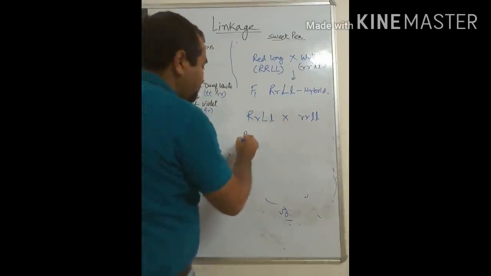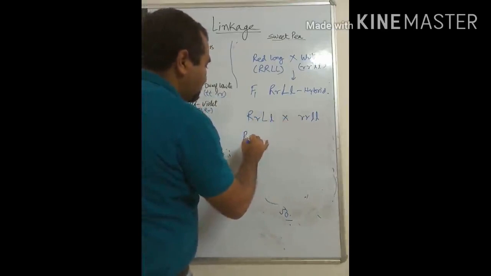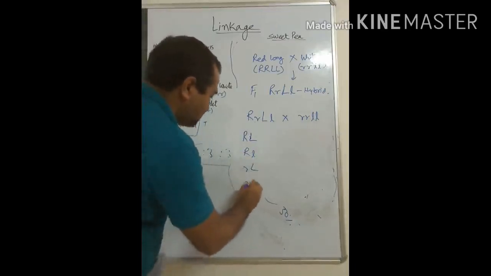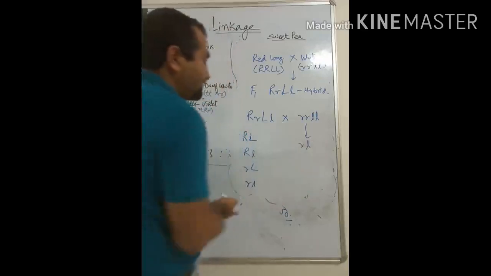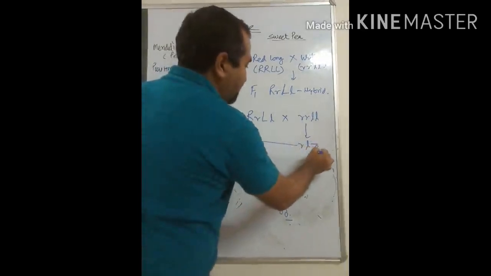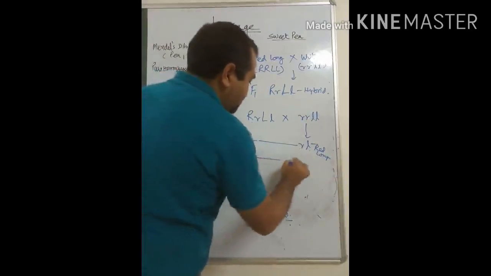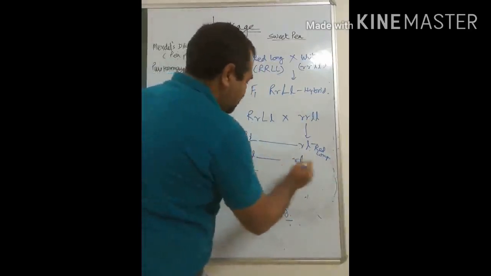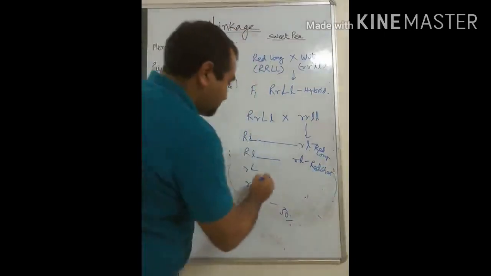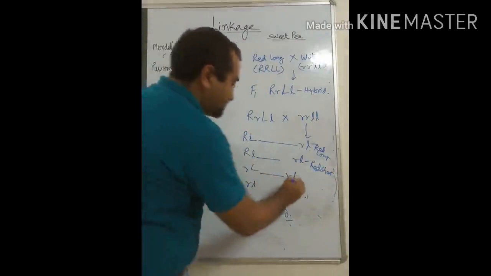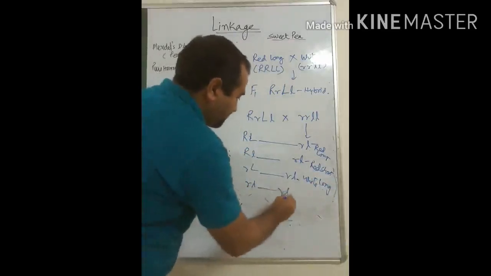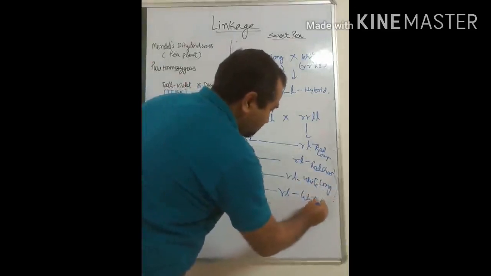The recessive parent produces only a single type of gamete, small r small l. So we get capital R, capital L, small l, that is red and long; capital R, small l, small l, that is red and short; small r, capital L, small l, that is white and long; and white and short.